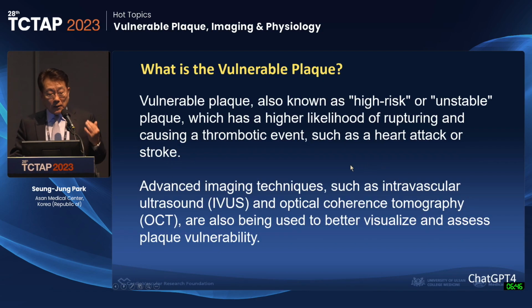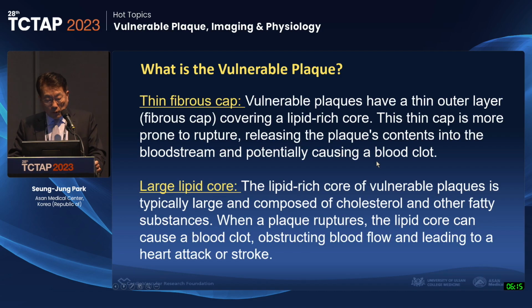I like this descriptive definition: vulnerable plaque, also known as high-risk or unstable plaque, has a higher likelihood of rupturing and causing a thrombotic event, such as a heart attack or stroke. It's quite a clinical description. Advanced imaging techniques such as IVUS and OCT are also helping with better visualization of plaque vulnerability.